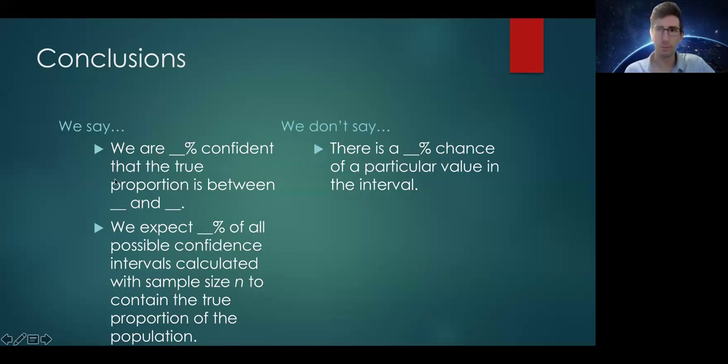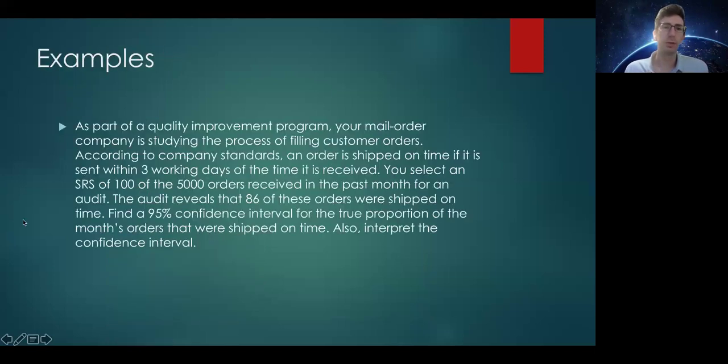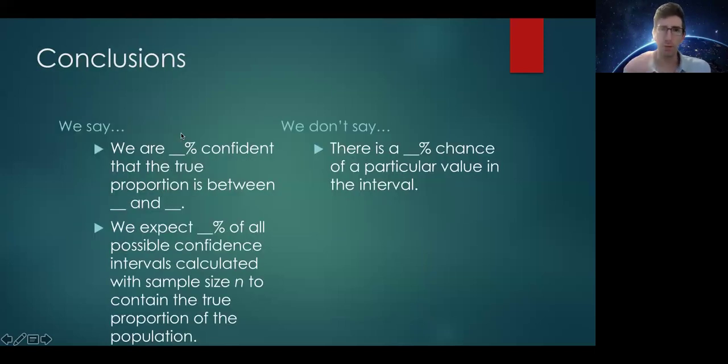Whatever you get when you plug all those numbers into that formula, you get a lower and upper value of your confidence interval. Those numbers go here and here. And we'd say we expect 95% of all possible confidence intervals calculated with that specific sample size to contain the true proportion of the population.